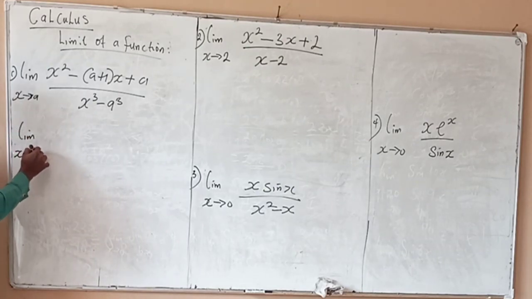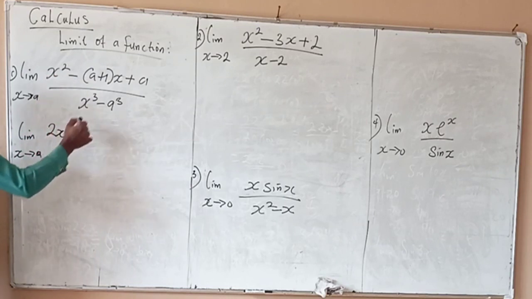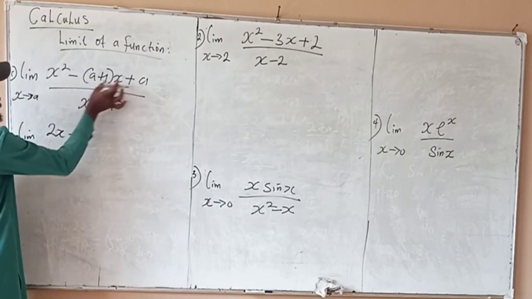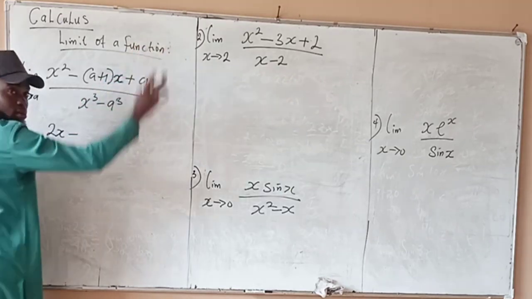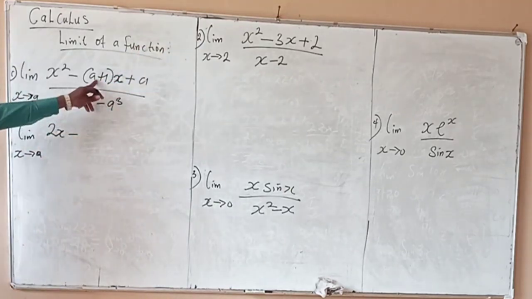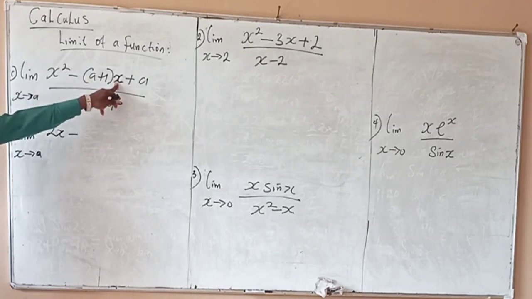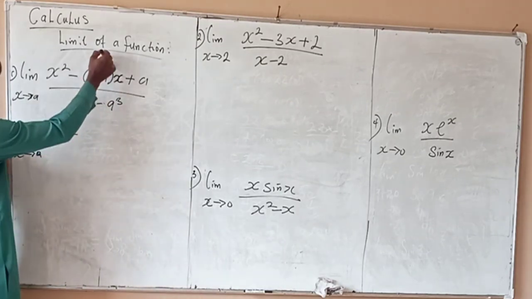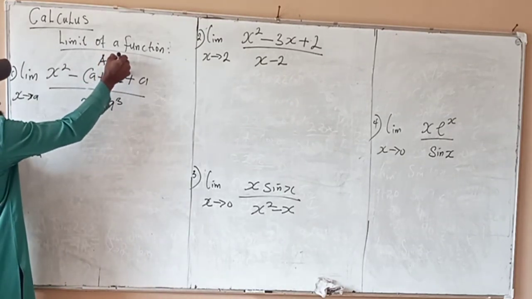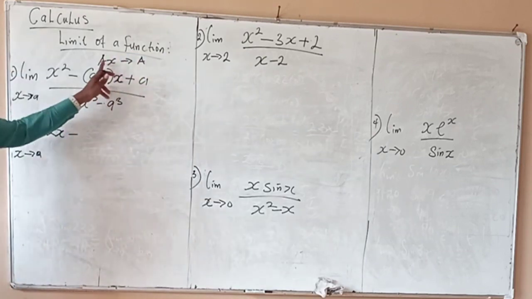x approaches a. Differentiating this one, we get 2x minus the derivative of a plus 1 times x. Look at what we are doing: we differentiate only the x. This one is a constant, but since x is attached to it, it is like a times x. If you differentiate a times x, only a will be left.